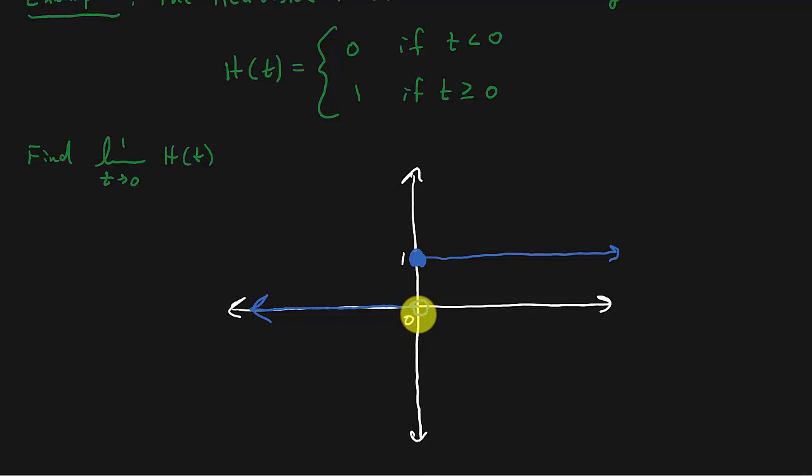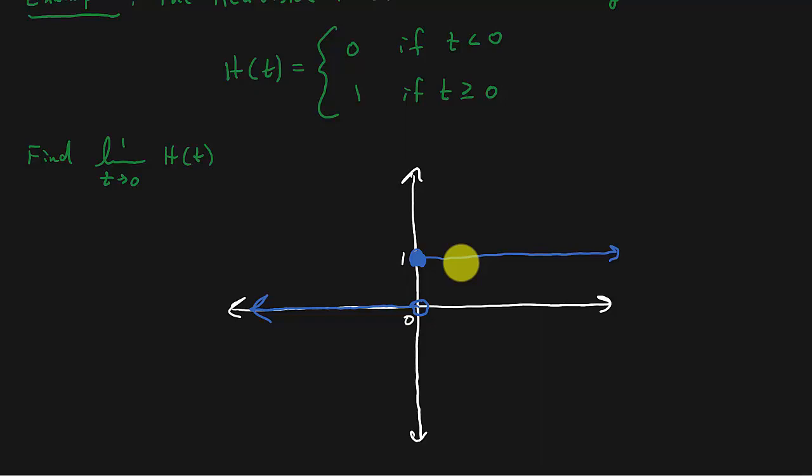And so hopefully you can see already that this limit does not exist. And the way that we know that is because, remember, I mentioned earlier, we're coming in from the left, we're coming in from the right. Okay? So now we're starting to talk about one-sided limits.